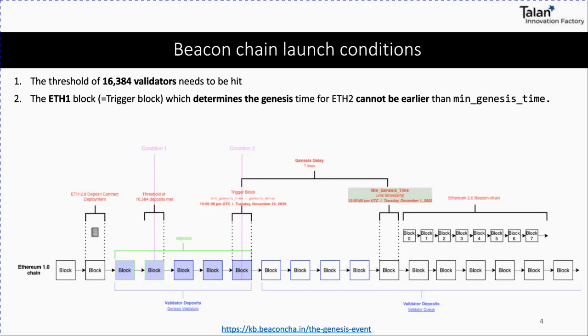The first criterion was the threshold of 16,384 validators. The Beacon chain was unable to launch properly before reaching this number of validators, which is required to have the consensus mechanism working as expected.